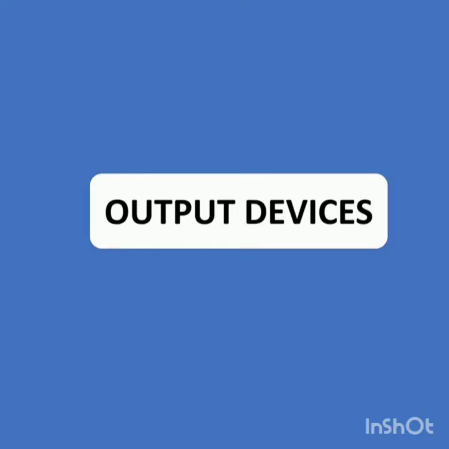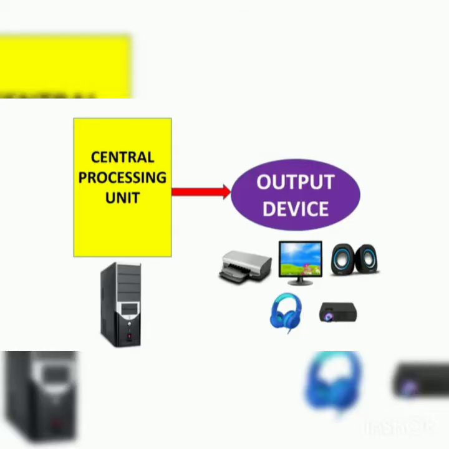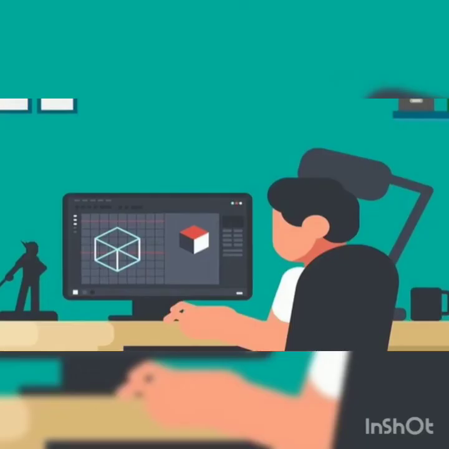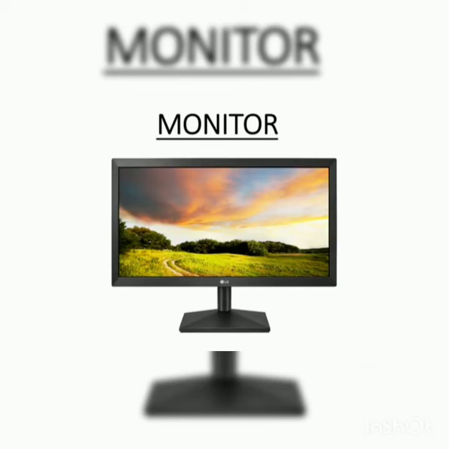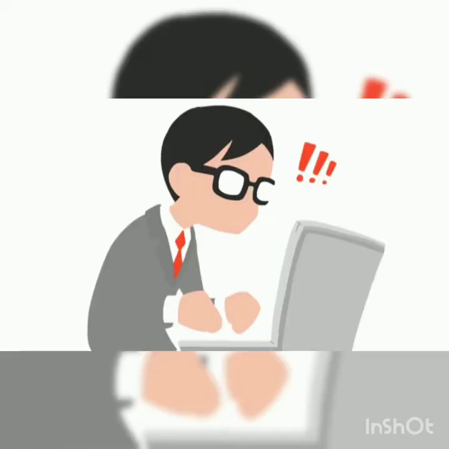Output devices. An output device receives data or information from the CPU. So, using the output devices, a computer can interact with the human. Monitor. It is an output device that displays data from a computer on a screen, so the user can interact with the data.